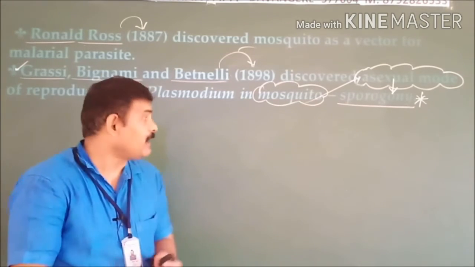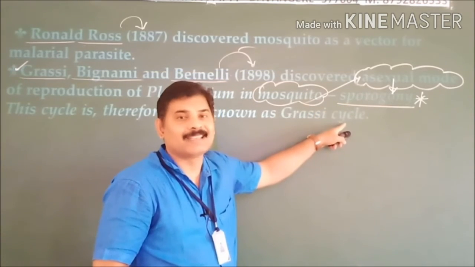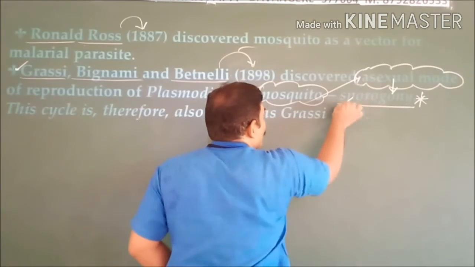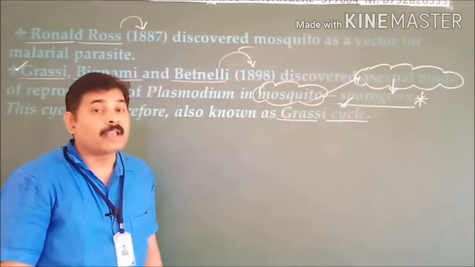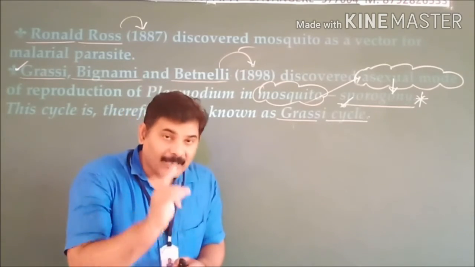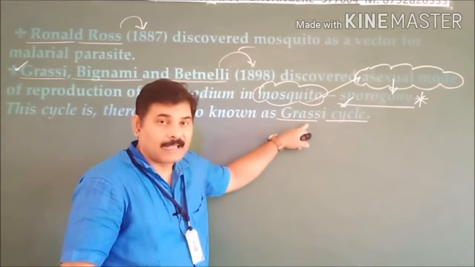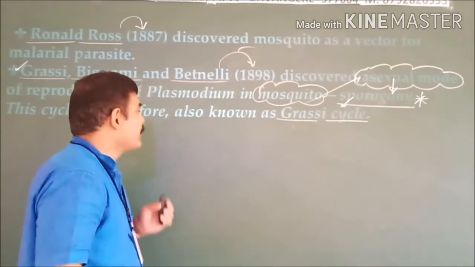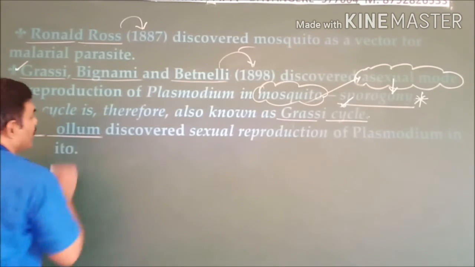That is the reason the sporogony is named after Grassi and is known as the Grassi cycle. The sporogony, the asexual mode of reproduction that takes place in the mosquito, is given another term, the Grassi cycle.